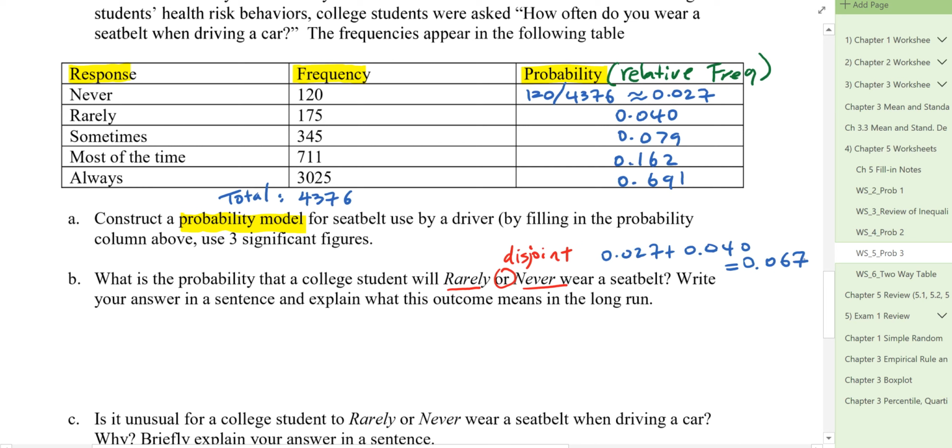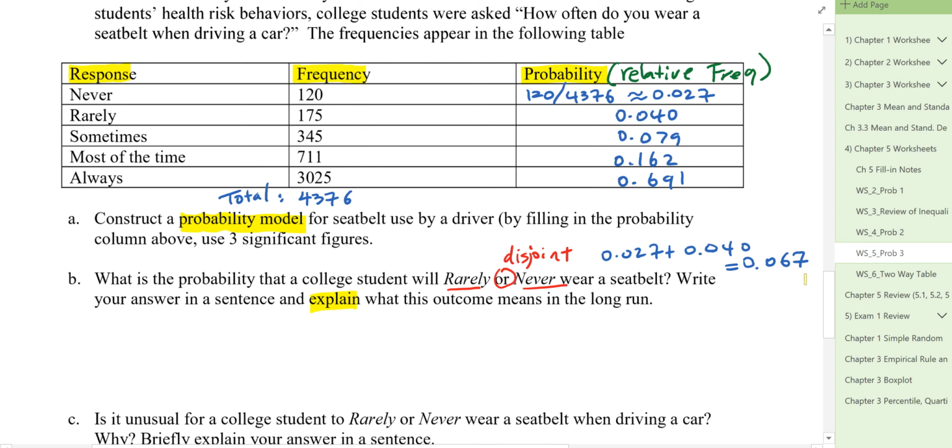0.067. Now the question asks me to explain my answer in a sentence. So I can say the probability that a randomly selected student will rarely or never wear a seatbelt is 0.067.